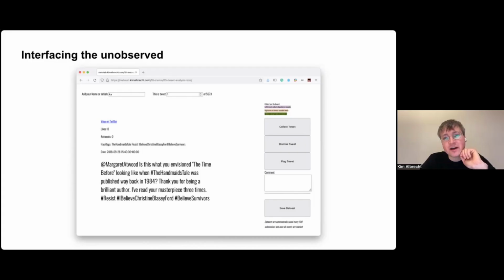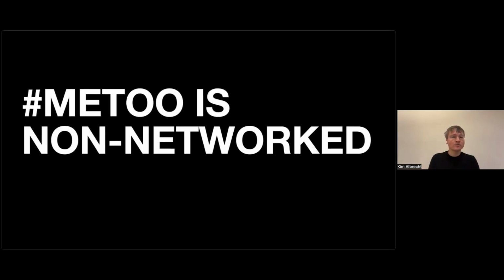And what we actually found is that a lot of what we call hashtag Me Too is in the non-networked. It is not connected to anything else. It's in the parts of the network that is never shared. Later on, we actually found out that this was policy from Twitter.